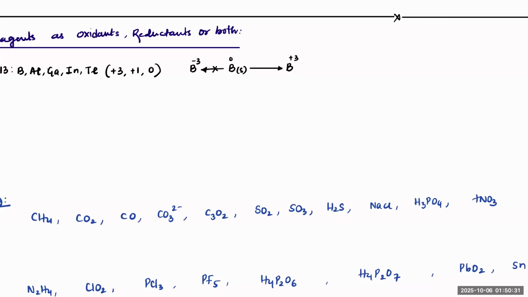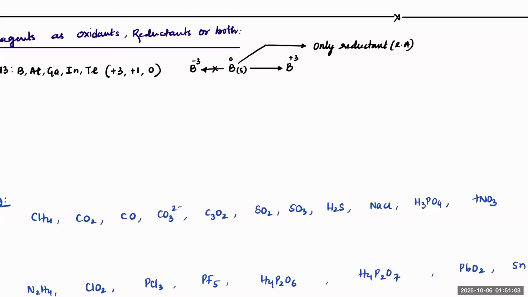Therefore, if boron is at 0 oxidation state, it can only act like a reducing agent. That means it can get oxidized, but it cannot get reduced. So boron in this case is only a reductant.